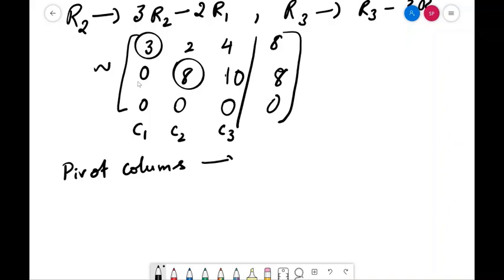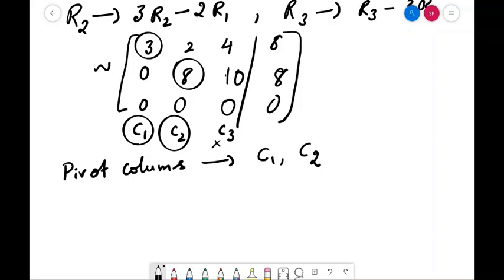We had the definition of pivot column: a column which has a pivot element is called a pivot column. So the first column, do you have a pivot element? Yes. So this is a pivot column. And the second column, C2, also has a pivot entry here, 8. So this is also a pivot column. Whereas C3 does not have any pivot position. So C3 is not a pivot column. So the pivot columns are C1 and C2.